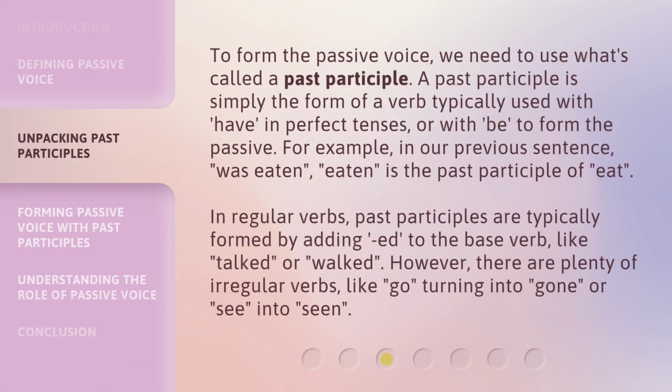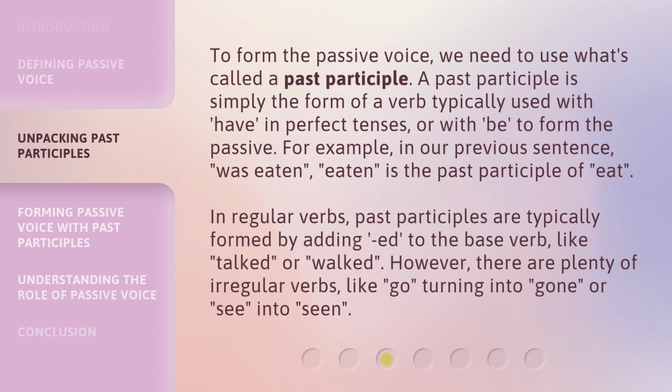To form the passive voice, we need to use what's called a past participle. A past participle is simply the form of a verb typically used with have in perfect tenses, or with be to form the passive. For example, in our previous sentence, was eaten, eaten is the past participle of eat.